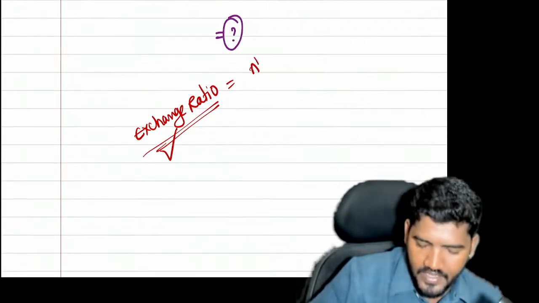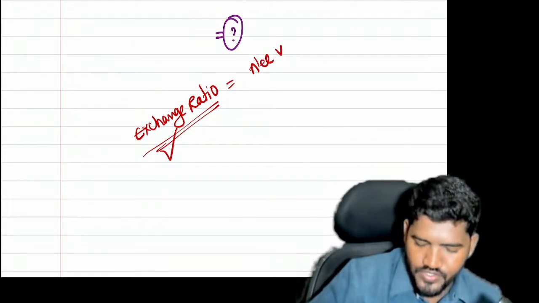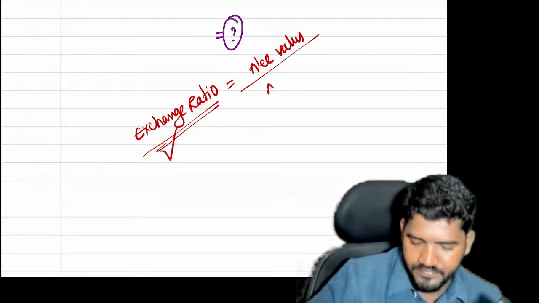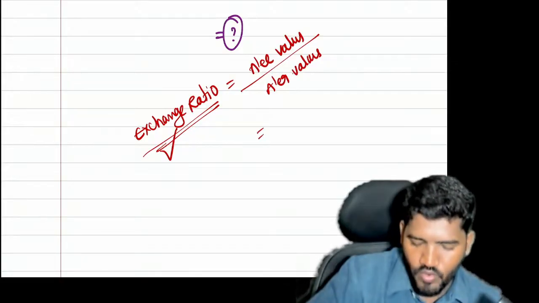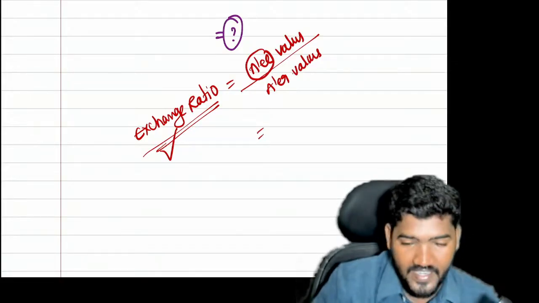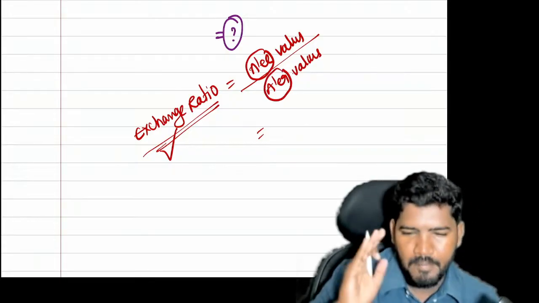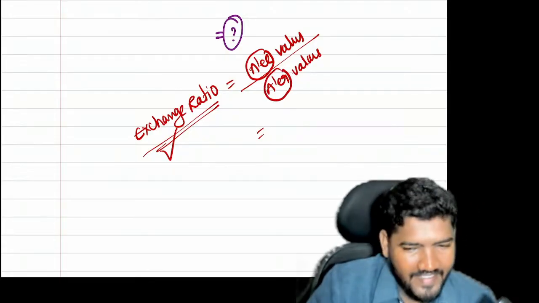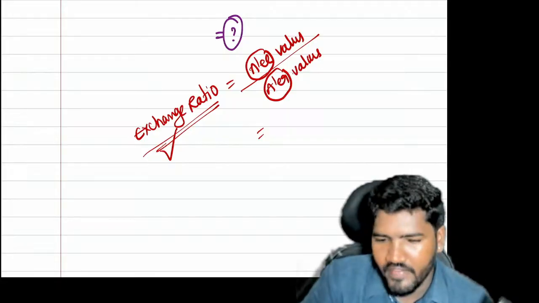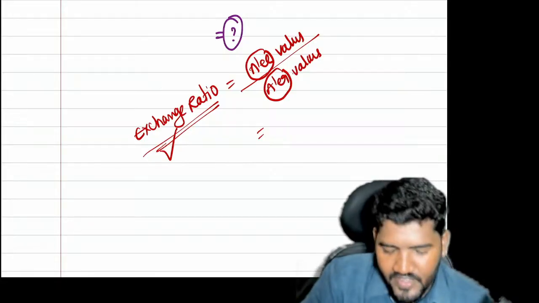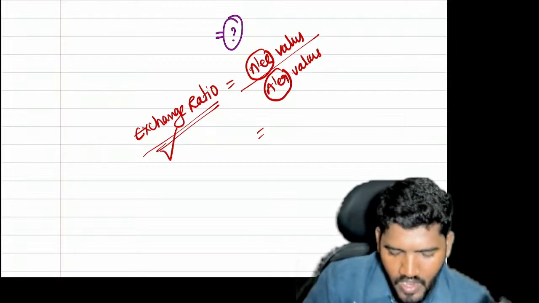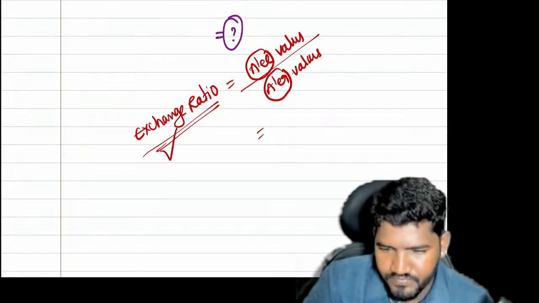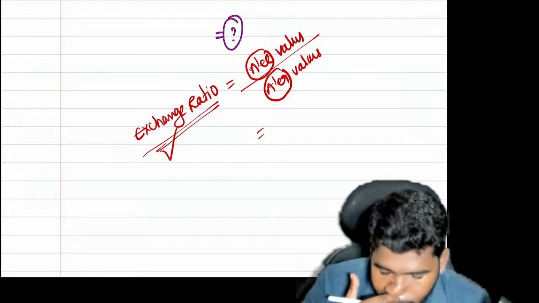So acquiree values divided by acquirer values. The word acquiree means seller. The word acquirer means purchaser. Seller values divided by purchaser values.